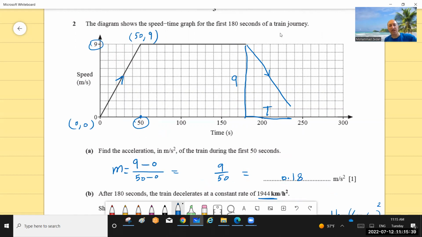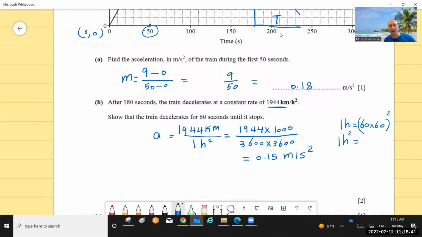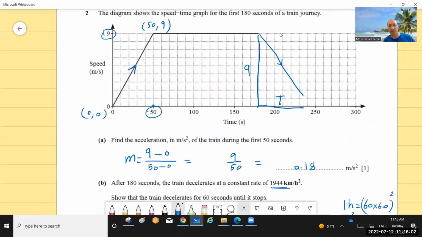So 9 over t is the same as 0.15. If you want to find the time or make the time the subject, just divide 9 by 0.15. Gives you 60 seconds. So it takes 60 seconds to stop.